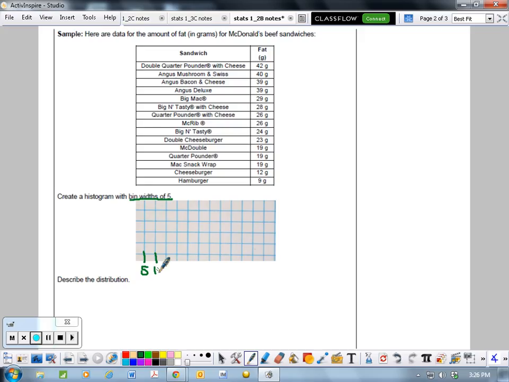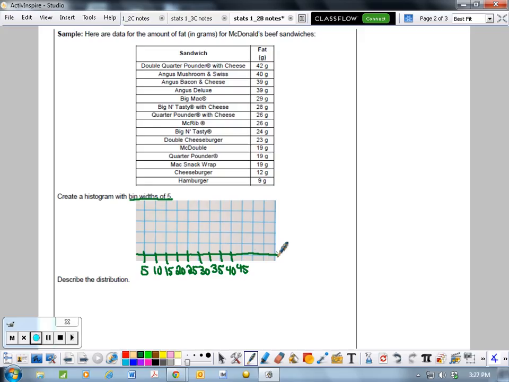So 5, 10, 15, 20, 25, 30. I don't know why my 5s aren't showing upright. Okay, then 35 and 40 and then 45. And so there's my number line to help create my histogram.